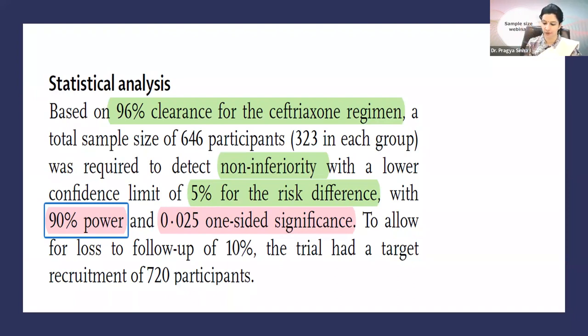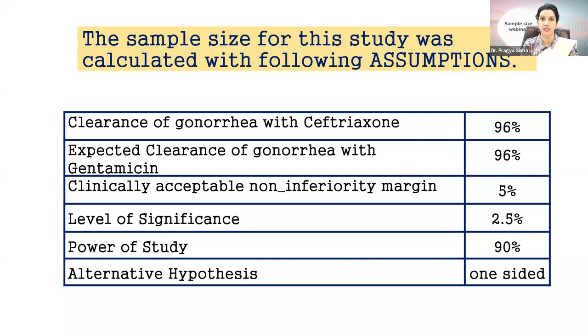So the input for you is again the clearance of gonorrhea with ceftriaxone is 96%. The expected clearance with gentamicin is also 96%. The clinically acceptable non-inferiority means even if it goes from 96 down to 91, 92, 93, anything. The level of significance is 2.5 and the power of the study is 90%. So remember this power and alpha error, many times they get changed, so you need to put that.